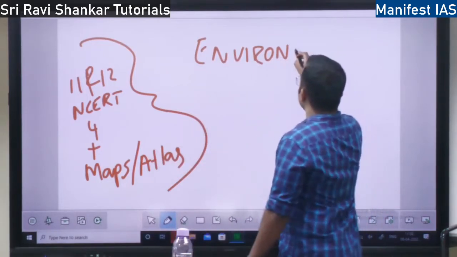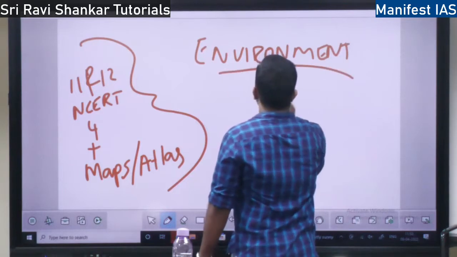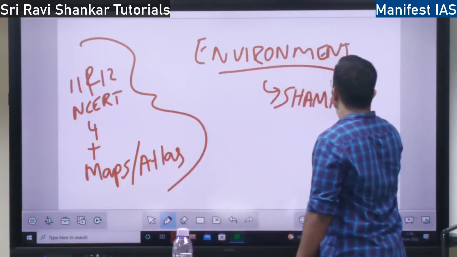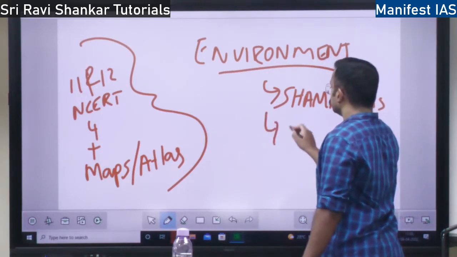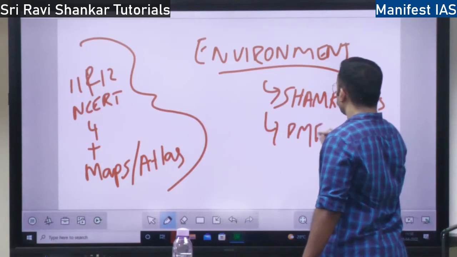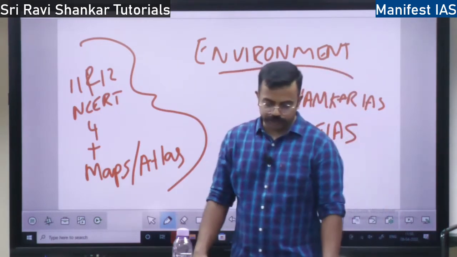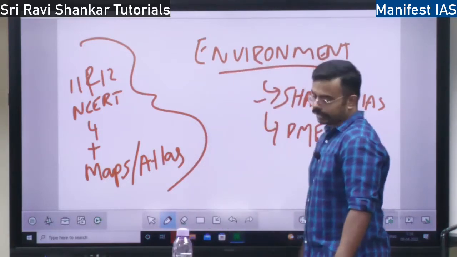Whereas when it comes to environment, the book is Indian Environment by Shankar IAS or the environment book by PMF IAS, which is good. So these are the sources for your environment. I will be teaching your environment from this book, Shankar IAS.